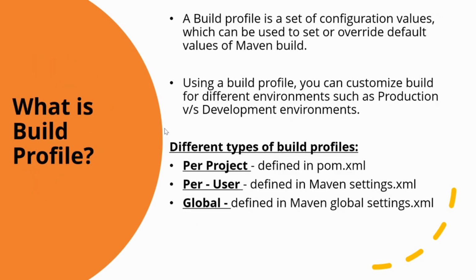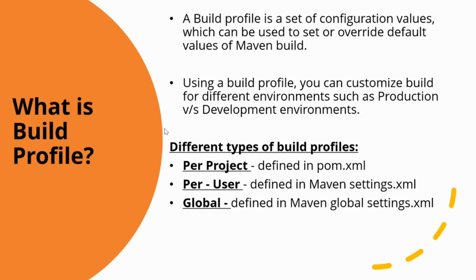Another typical question that is asked is, what is build profile? A build profile is a set of configuration values which can be used to set or overwrite the default values of Maven build. Using a build profile, you can customize build for different environments such as production versus development environments.